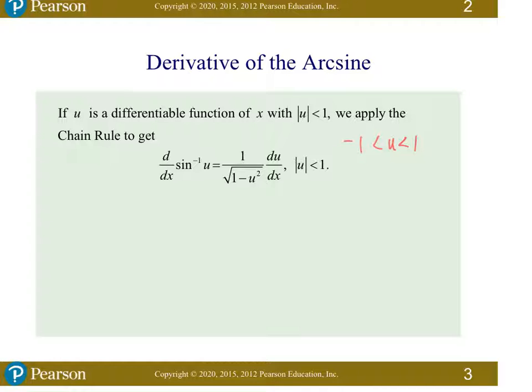In a similar way, in the blank space, I want you to put the derivative of the inverse of cosine. And the domain on that is the same as well, but it is so similar to sine. The only difference is that the numerator is negative 1. And then the rest of the derivative is the same, times the chain rule of du dx.